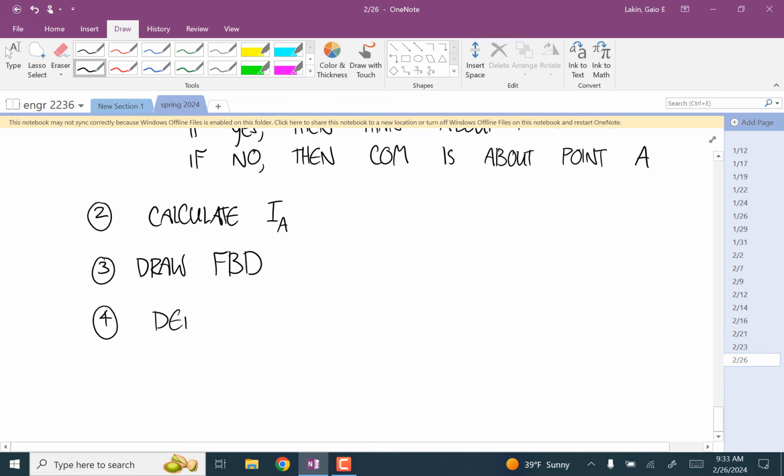Fourth, determine all forces and moments. So this is where you'd be filling out that table.